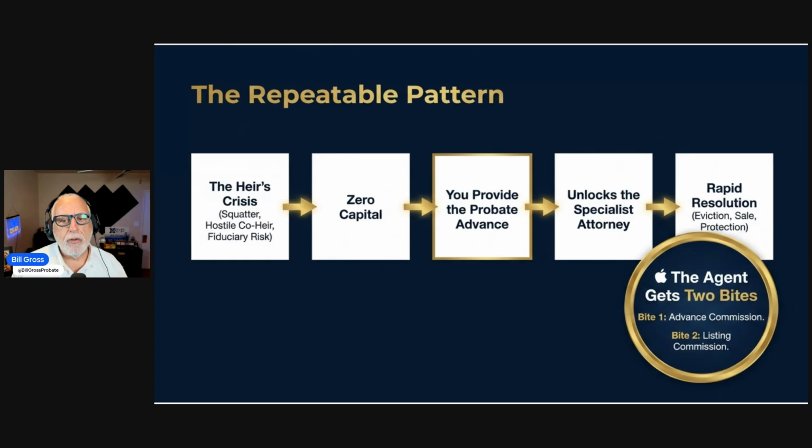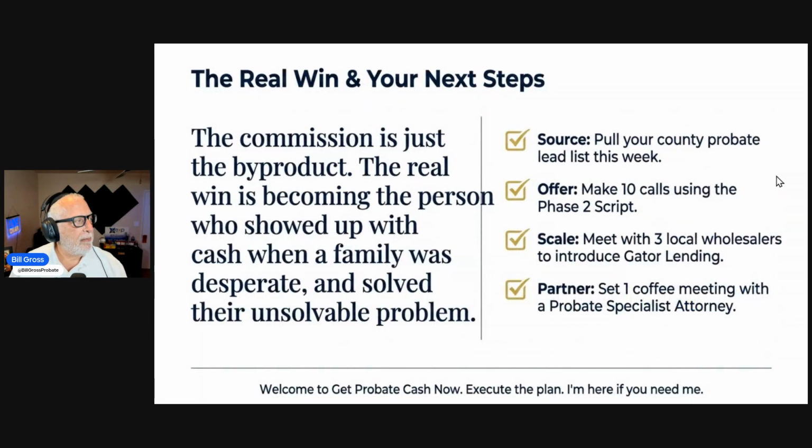The brother who's administering and not giving information, they're being bullied. And so it gives the weaker party a chance to hire an attorney who's strong enough to represent their interests. We provide the advance. We got a specialist attorney who does this kind of work only. And we get rapid resolution to get the job done and get the customer what they want.